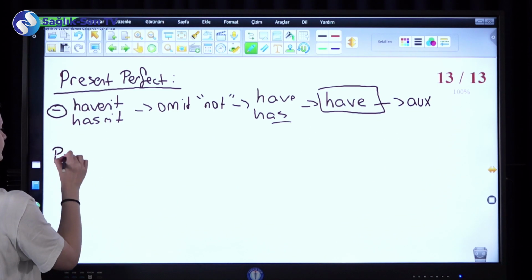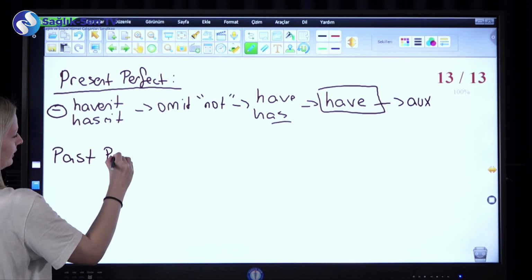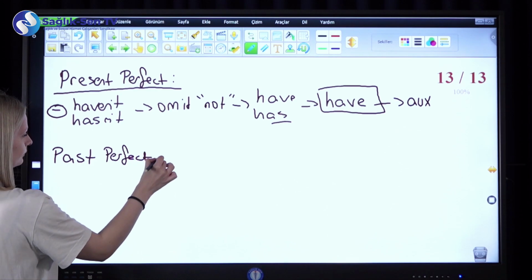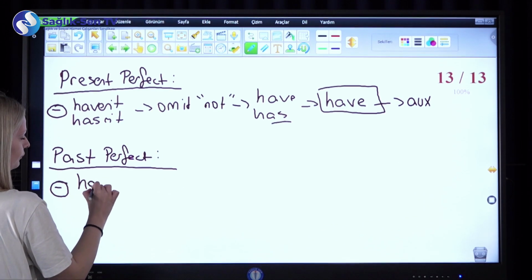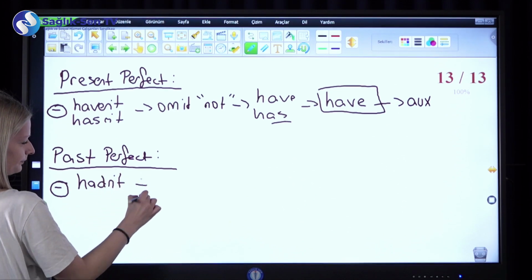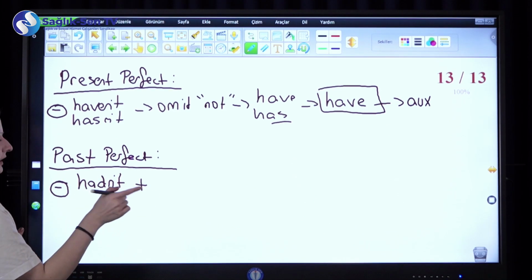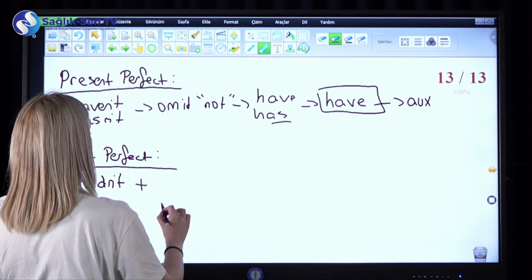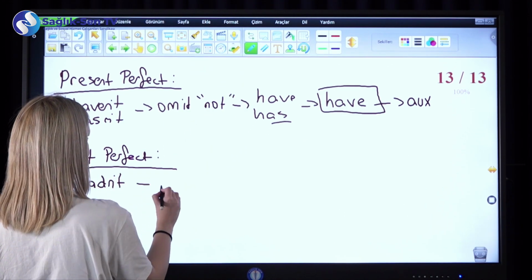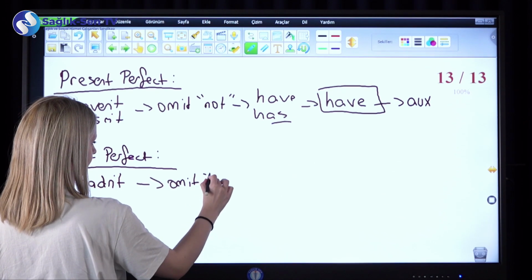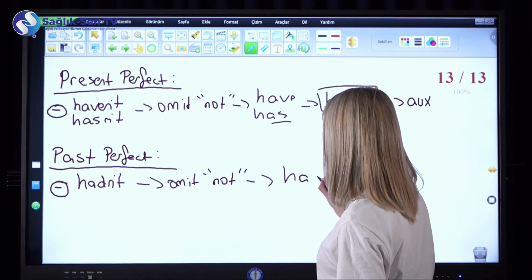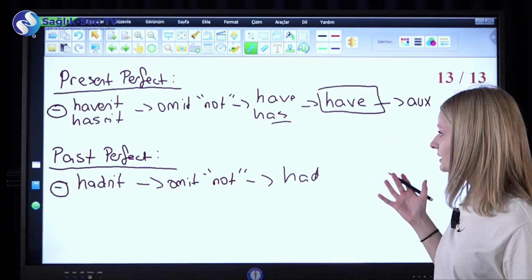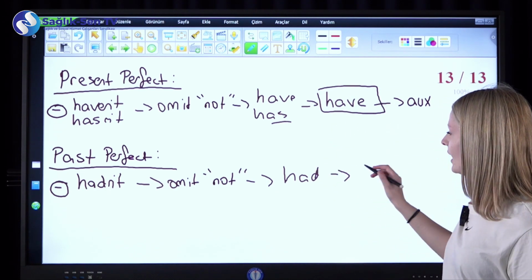Let's have a look at past perfect. Look at the negative sentence. We use hadn't as our auxiliary verb. Omit not, we are left with had, and it doesn't change depending on the subject we're using.